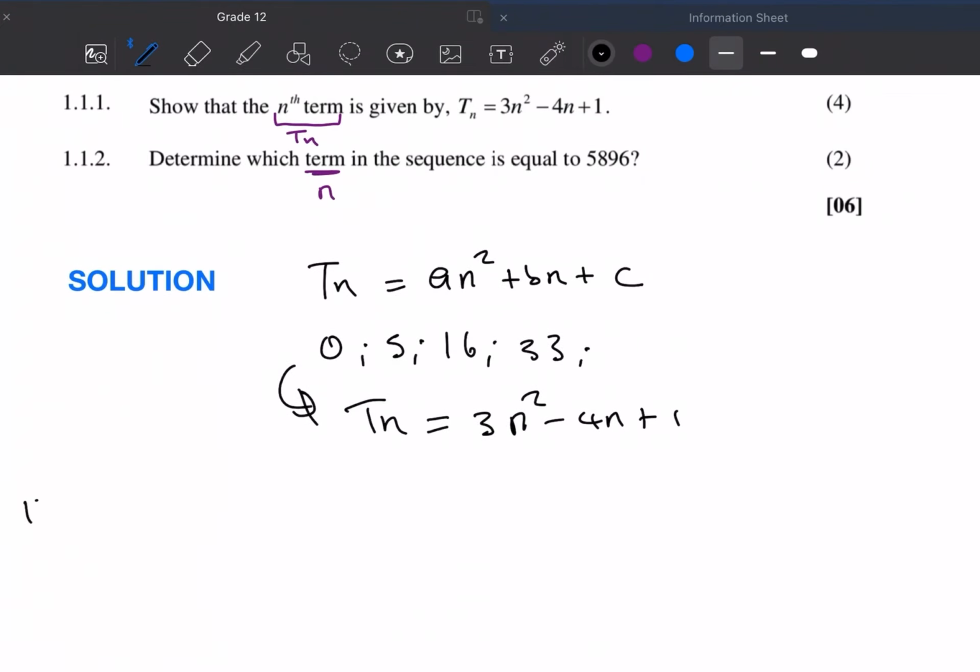Okay, so the question now says determine n. When I say term, I mean n. Determine n in the sequence.